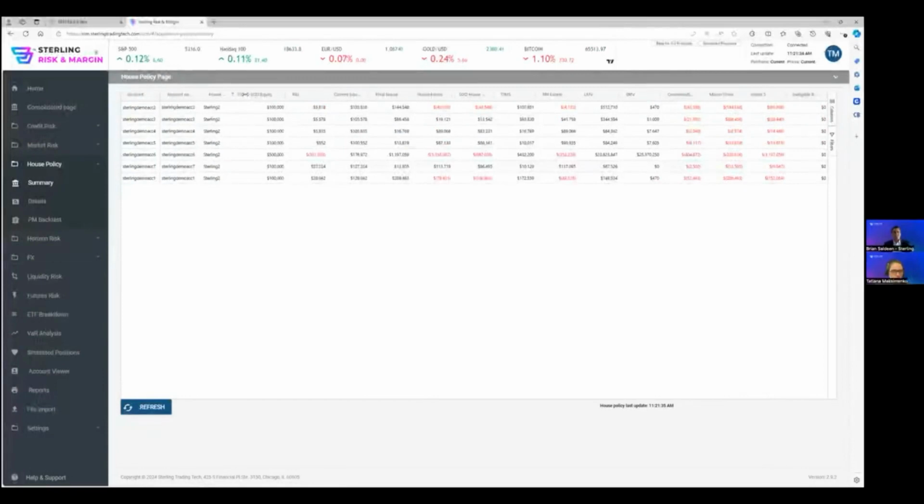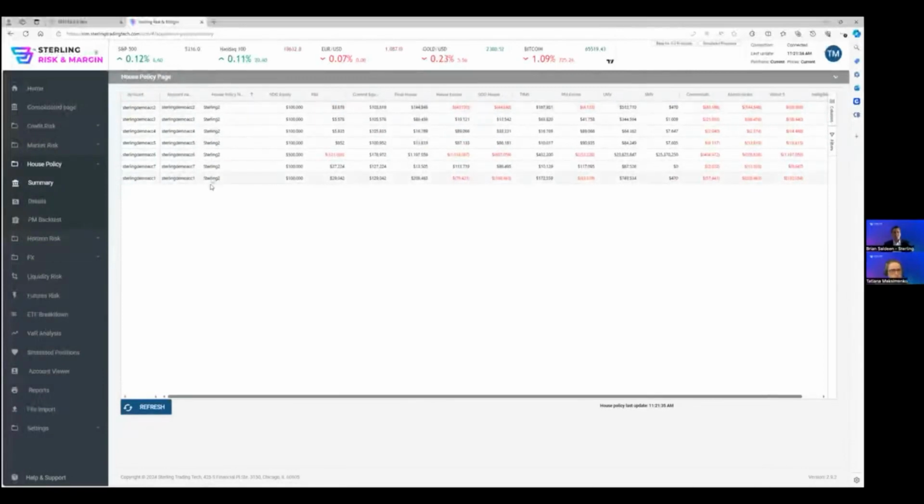We will see that there is a house policy assigned to them called Sterling 2. This house policy is configured on our backend, and I will show you in a moment what it looks like. It's not hard coded. It's not a piece of code. It's actually built out of elements that we created on our back office tool, like a very wide range of typical common house policy elements that we see among our large number of clients.